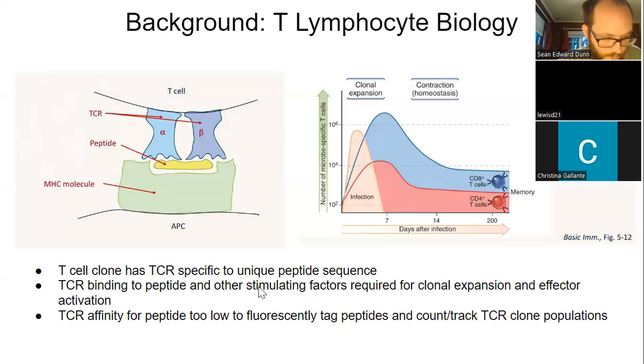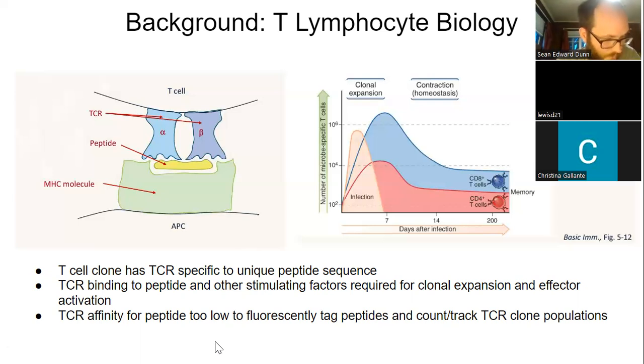It is estimated there are about 10 million TCR clones in the human body at any given time, which means there will be a clone specific for any disease state peptide that may ever be encountered by a dendritic cell for presentation to its naive partner. Once this naive T cell has bound to its TCR-specific peptide, along with receiving other co-stimulatory factors, this naive population can start proliferating and begin their effector cell function.